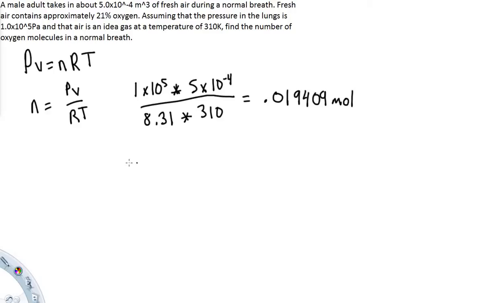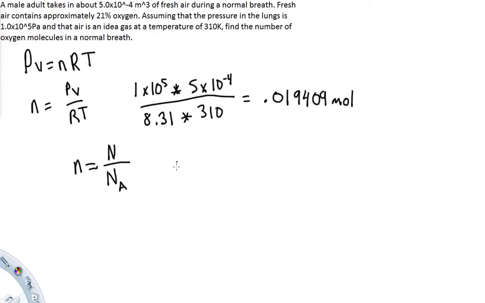There's another equation that we'll be using, and it is the number of moles, little n, is equal to big N, the number of particles, divided by Avogadro's number, which is N_A. So we have little n, the number of moles, and we also have Avogadro's number. So we're just solving for this big N here.